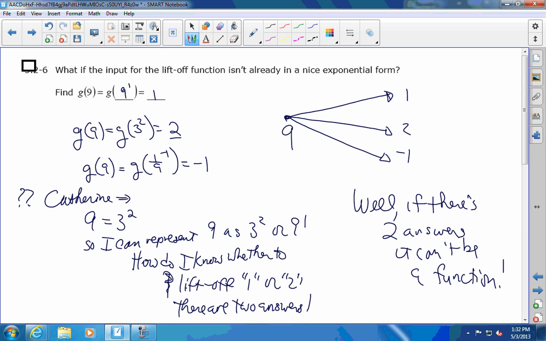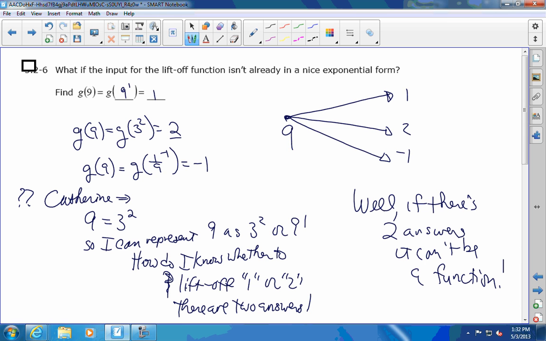Can you figure out what determines what this answer is here? Whether I get 1 for an answer or 2, forget about the one I gave you. The input, yes, the input, specifically what about the input? The input determines it, but if I'm just comparing these two, 3 squared and 9 are the same.